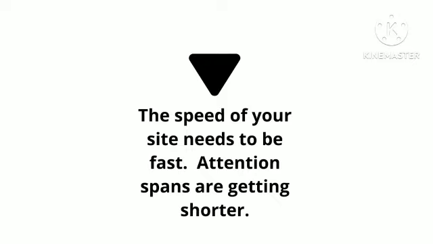Well, the root cause of it all is that the speed of your site needs to be fast. That's kind of a no-brainer. Attention spans are getting shorter and shorter, and that is why you need to look at that first.